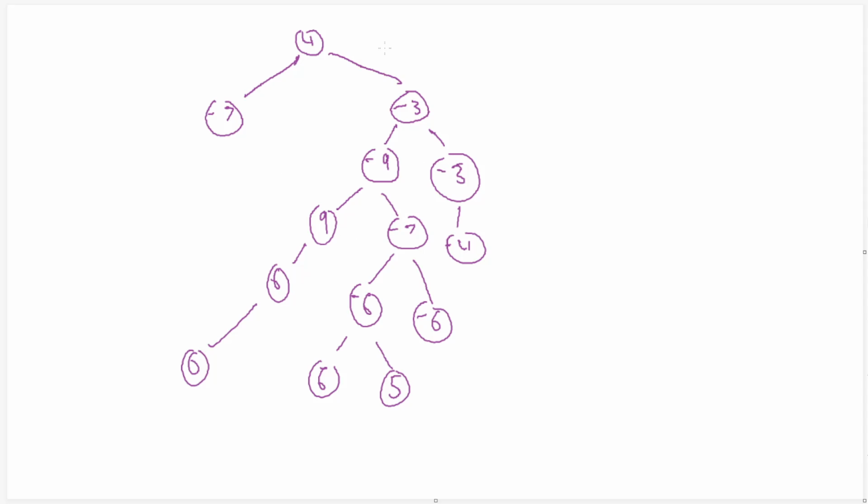So we have 1, 2, 3, 4, 5, 6, but we can also do 1, 2, 3, 4, 5. Maybe this one just goes off forever. So this would actually be the diameter of the tree. All we really have to do is recurse, I guess.